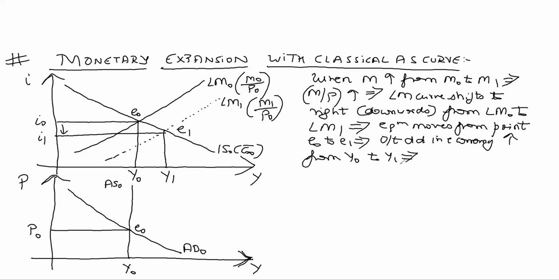When output demand in the economy increases, the AD curve shifts. Okay, but one more thing to understand is this is monetary expansion. And in monetary expansion, AD curve does not shift parallelly. AD curve shifts like this, if you remember, unparalleled shift.